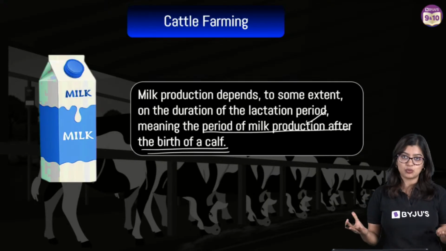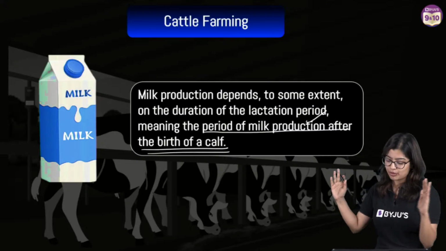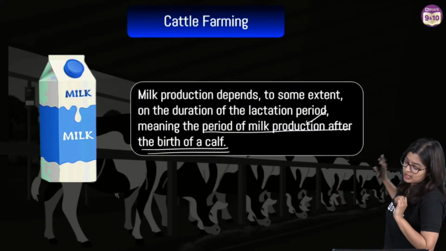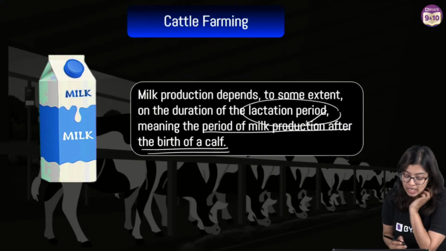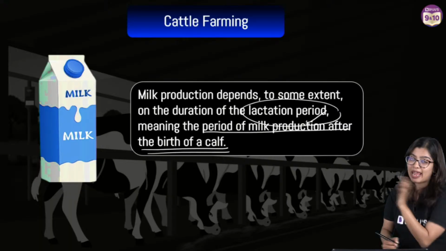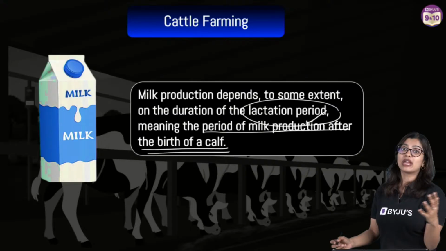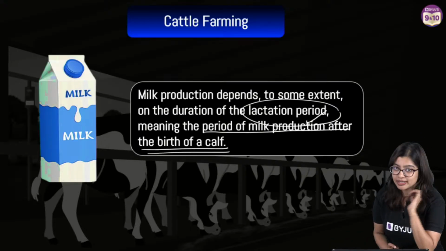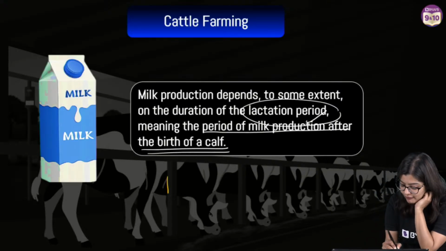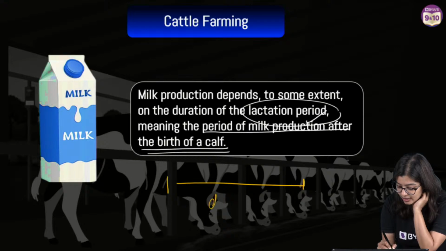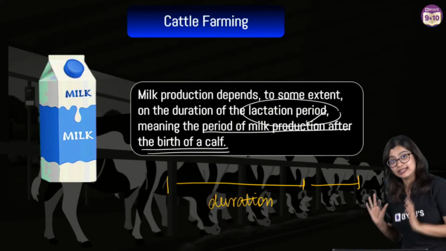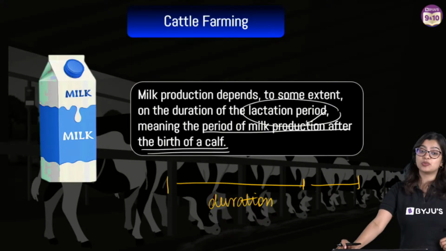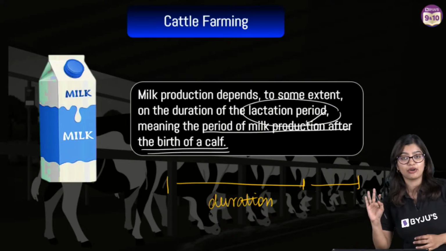Once the young one is born, how long can they produce milk? This lactation period is very important, because if I want to rear cattle and get milk out of them, what if I could increase the duration in which they produce milk, so that they are able to produce milk for a longer period of time?